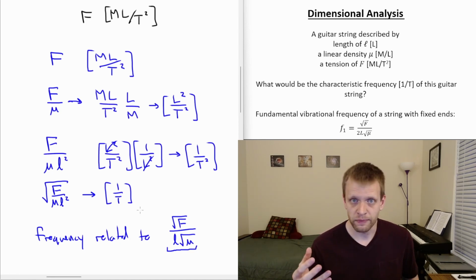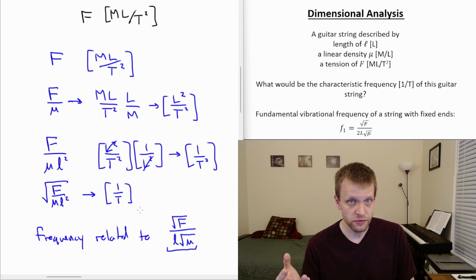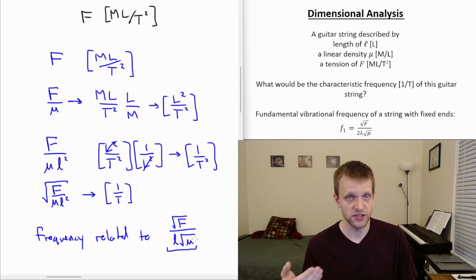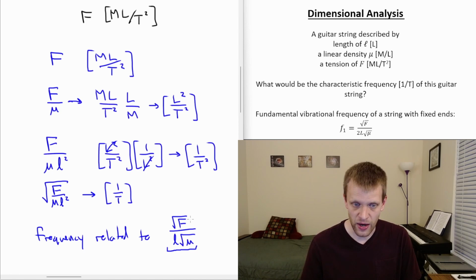We can also test this out. Now we have a testable prediction. We can set up different guitars and change the tension force. We can change the length of the string. We can change what kinds of strings we're using, switch them out for higher or lower density strings, and actually test to see if it gives us this particular dependence on how the tension, the length of the string, and the linear density will affect the frequency.